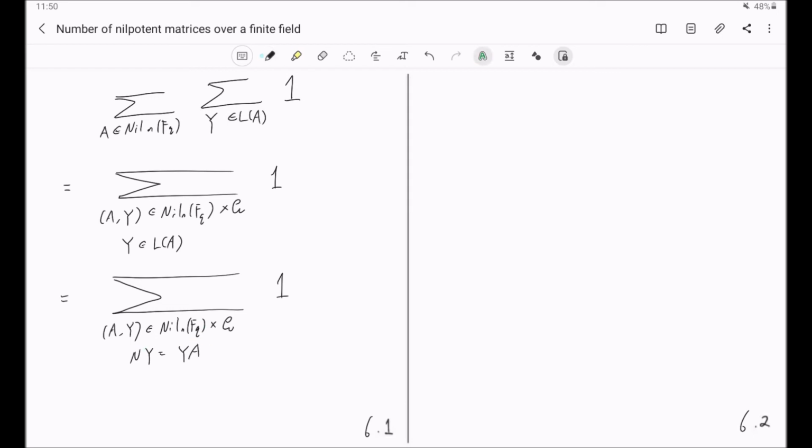And this last term gives you, if you consider for each y in the union of all those alpha A's, it's A nilpotent.